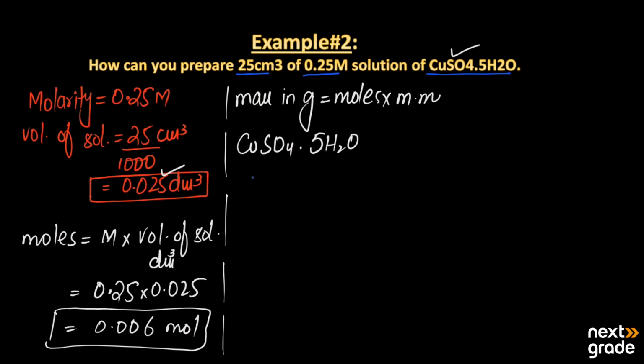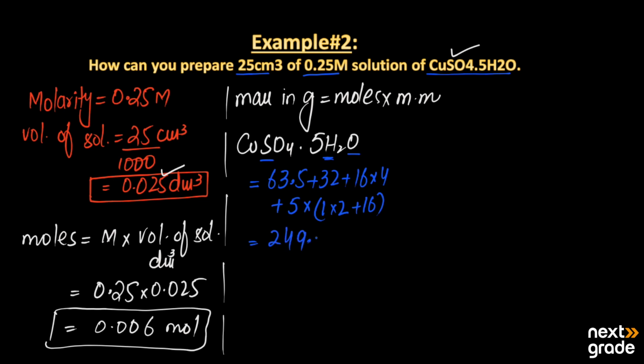Here copper has atomic mass 63.5, plus sulfur 32, plus oxygen 16 multiplied by 4, plus 5 multiplied by, for water, 1 multiplied by 2, plus 16. By solving all this, we gain 249.5 gram per mole. So this is the molar mass of copper sulfate.